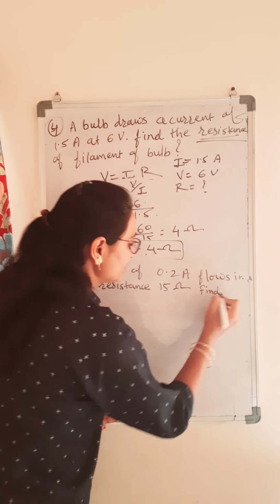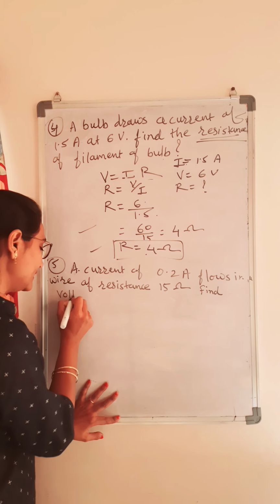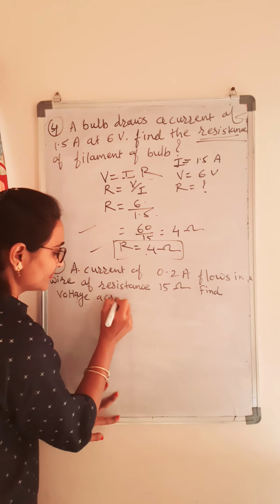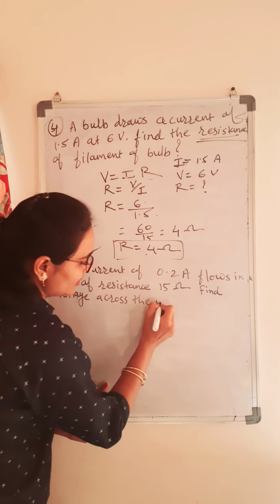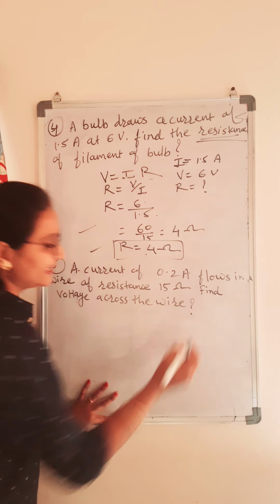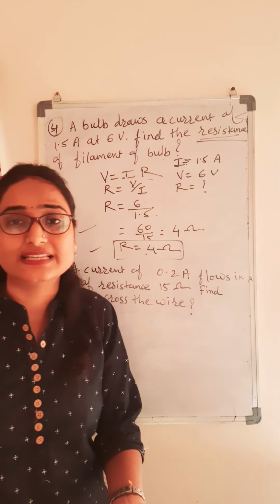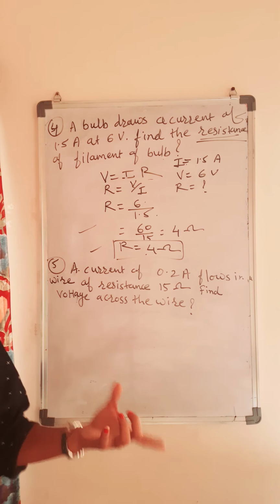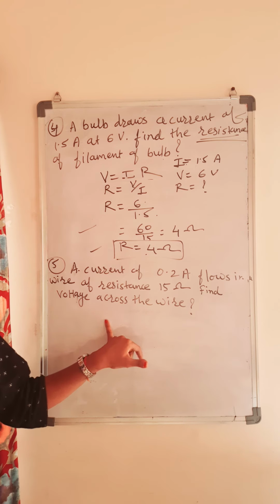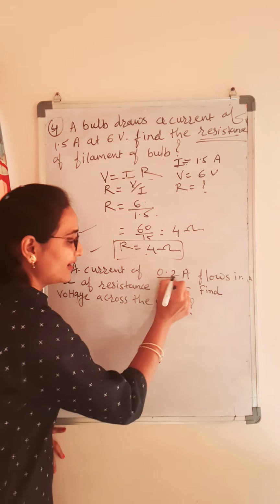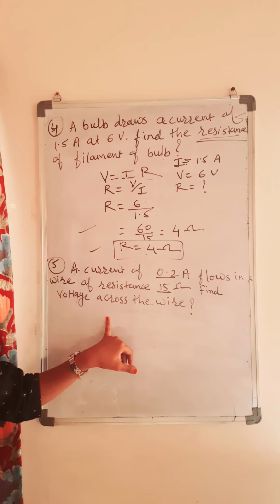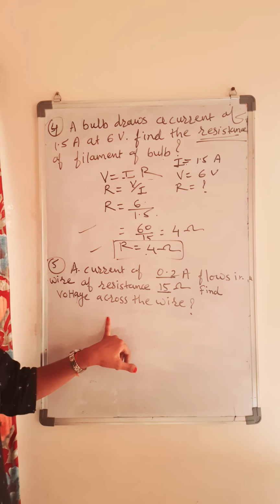Find the voltage across the wire. Voltage is nothing but another name for potential difference. Means here we have to calculate the potential difference. What is given? Current is given. What is given? Resistance is given. What will we calculate? Potential difference.